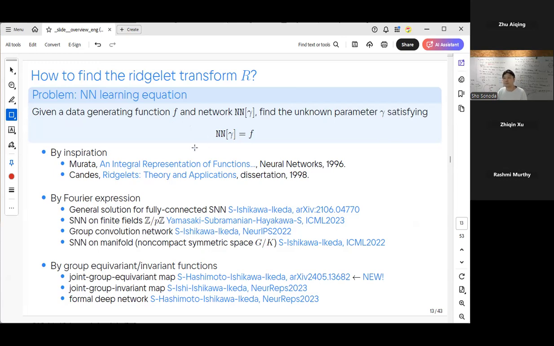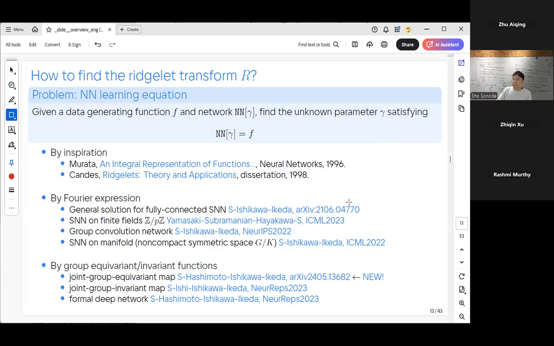But until very recently, the Ridgelet transform was known only for the depth 2 fully connected network. These two professors, Murata sensei and Candes, were the first to find the Ridgelet transform for the depth 2 case. And Murata sensei was my PhD supervisor. So I asked him how to find the Ridgelet transform, but he said he just forgot.